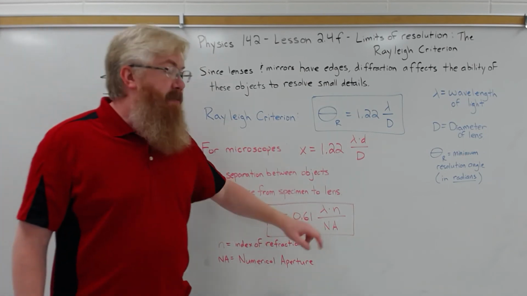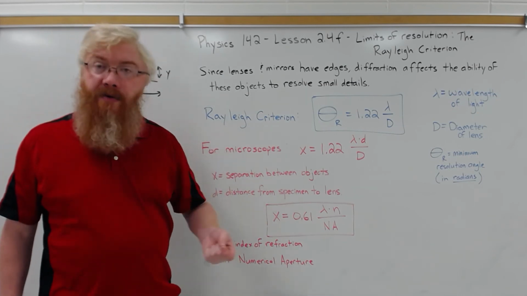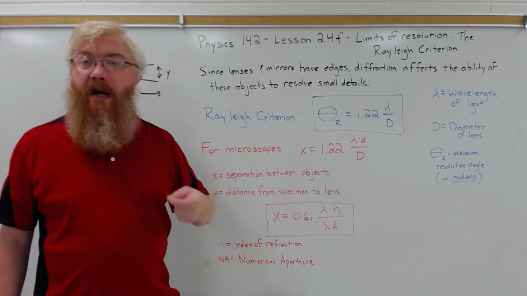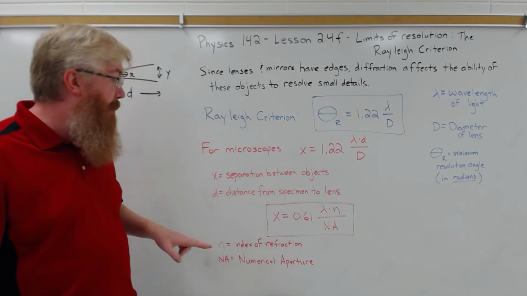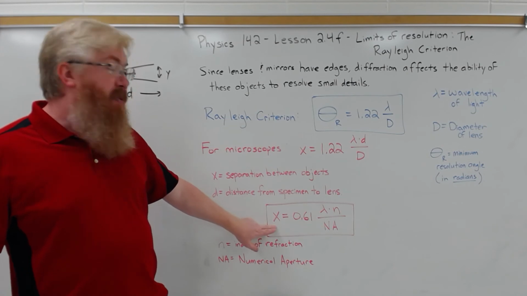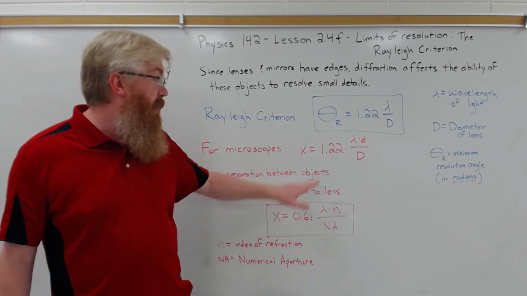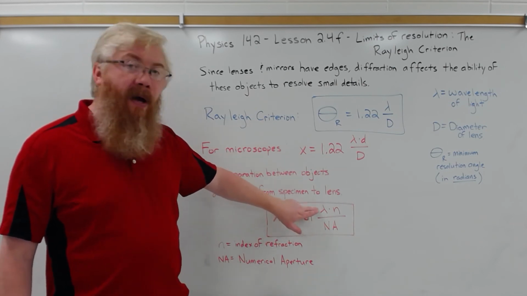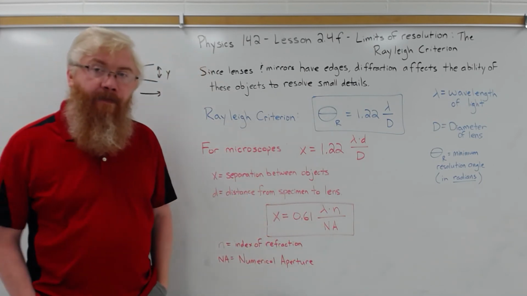Rewriting this in terms of that numerical aperture, which we talked about when we talked about microscopes, and the index of refraction, which again was important when calculating the amount of light gathered into a telescope through numerical aperture. The separation between objects, or the minimum resolvable separation between objects, is equal to half this value, 0.61, times the wavelength times the index of refraction over this numerical aperture.